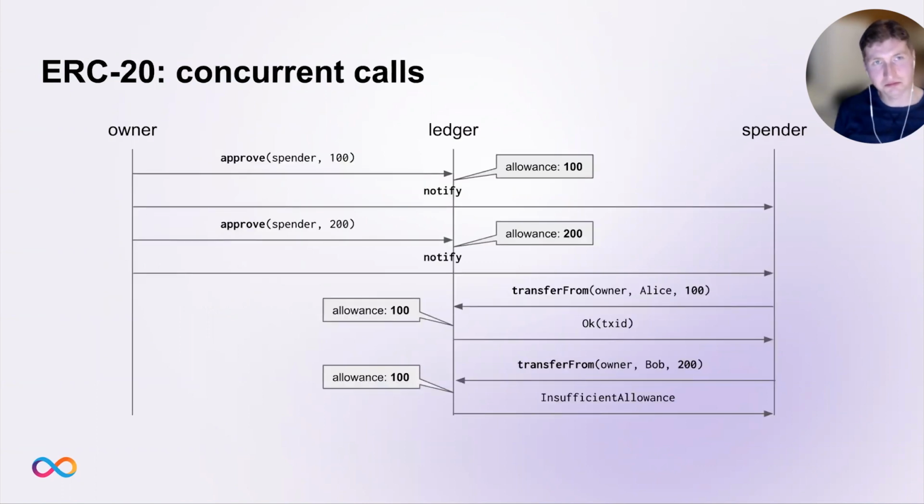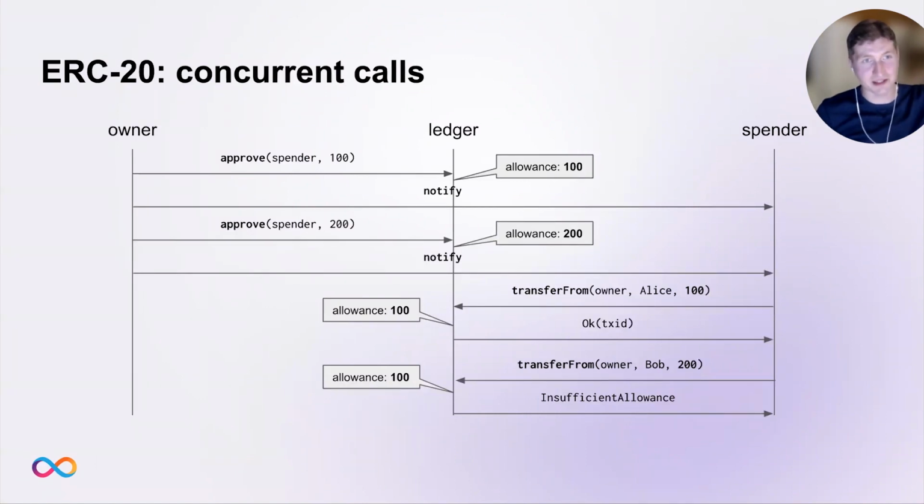So let's look at the concurrent calls example, which I mentioned before. Let's say owner and spender are canisters, and they handle concurrent payments. Spender transfers funds on behalf of the owner.